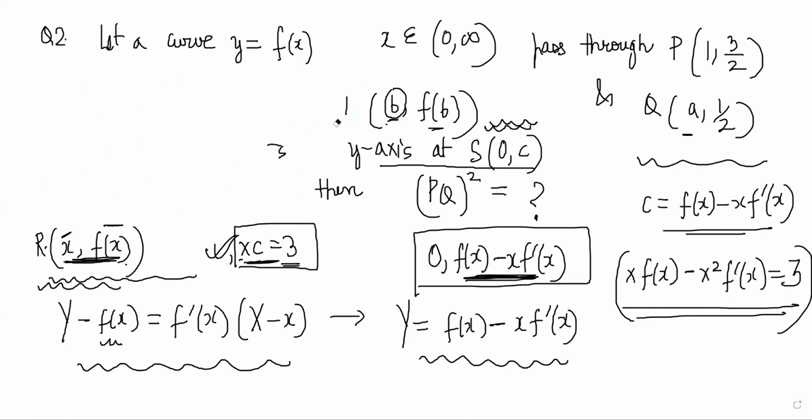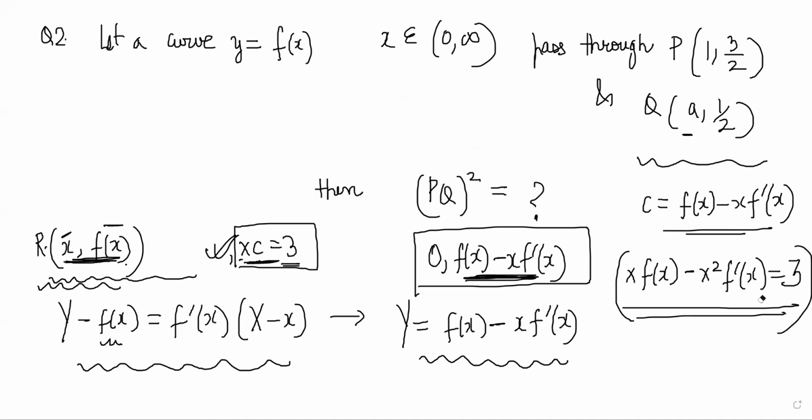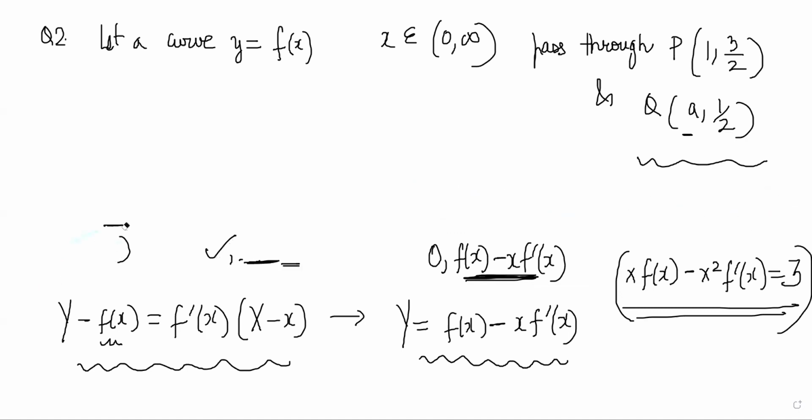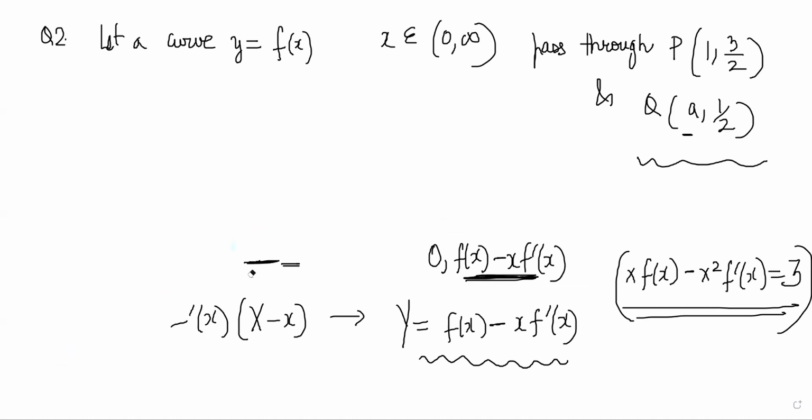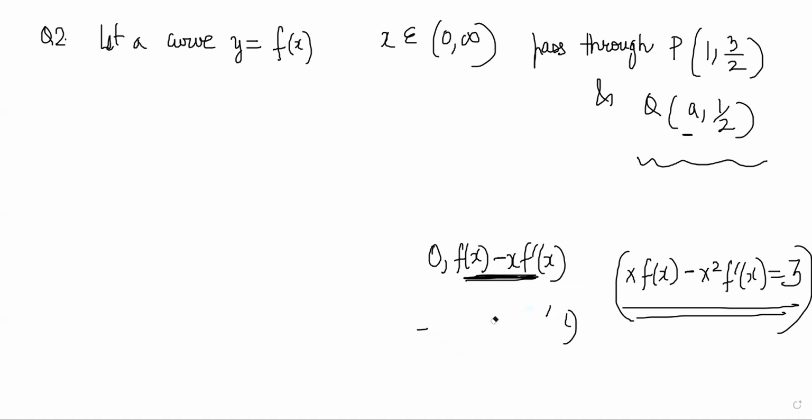because in order to find the equation of the curve, I should try to find what is y here. If f of x is y, what is this? So from this equation, what we will do is try to think of this differential equation and see how we can solve it.